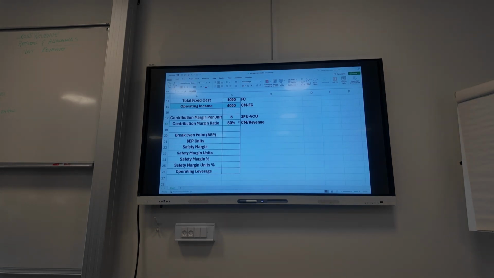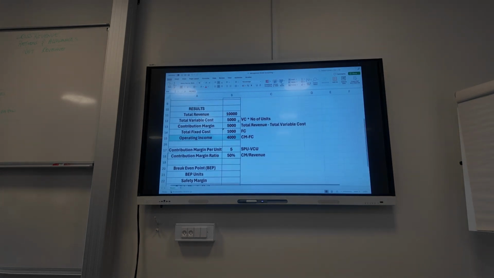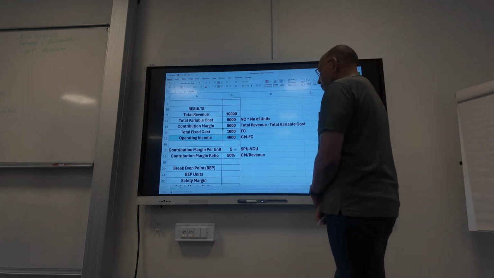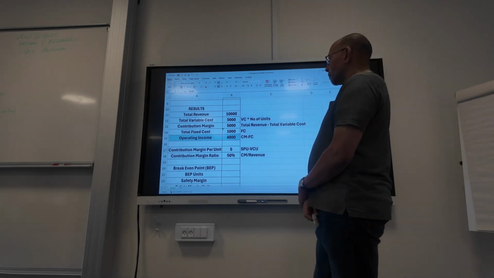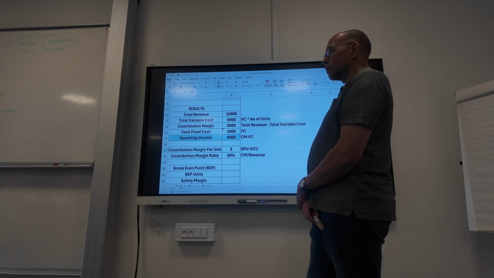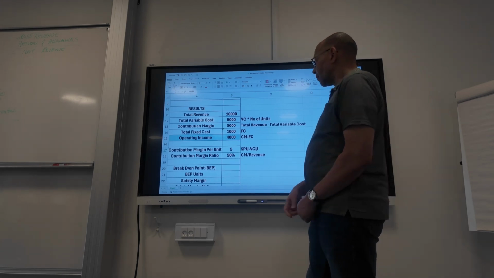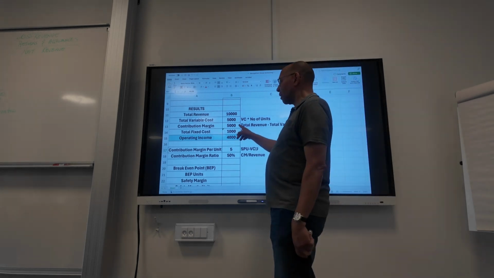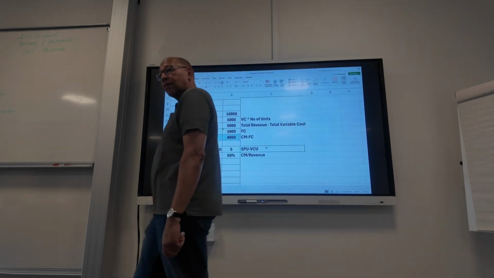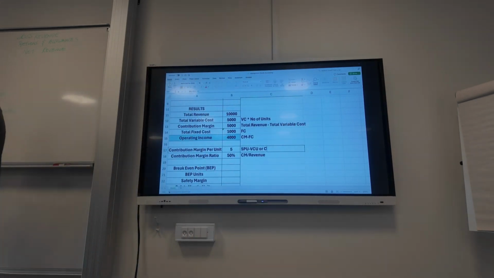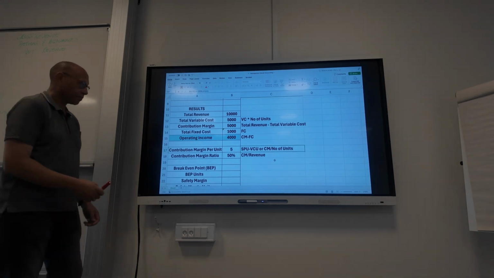Can you take it to contribution margin per unit? Selling price per unit minus variable cost per unit, or contribution margin divided by number of units. Whichever way you want, right?